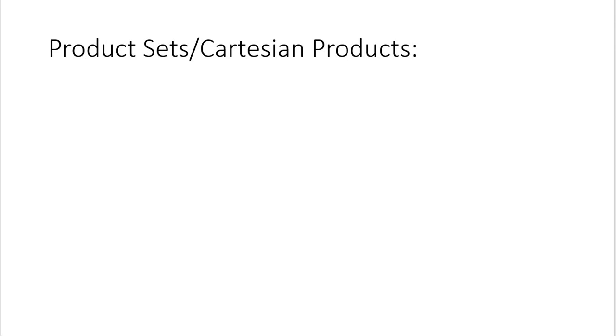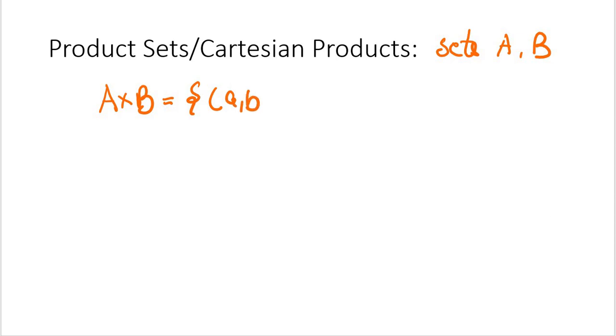If suppose I have two sets A and B, then the Cartesian product A cross B will be equal to (a, b), where a exists in capital A, that is the set A, and b exists in capital B, which is my set B. Now, for the sake of understanding, let's take one quick example which I took in my previous videos as well.